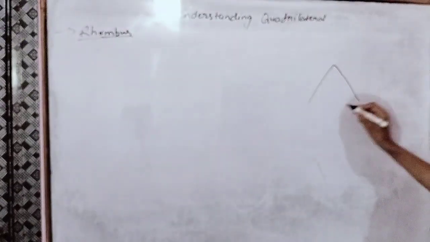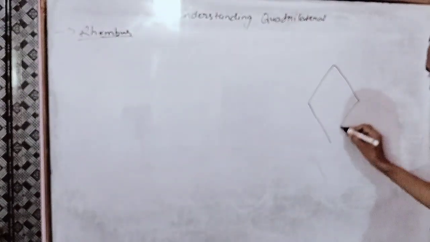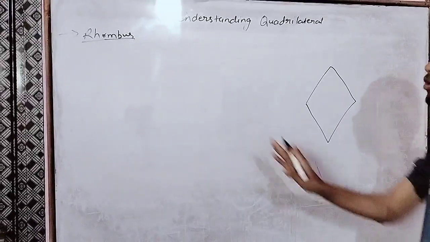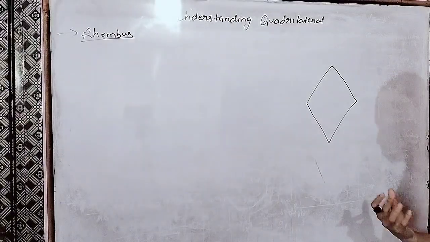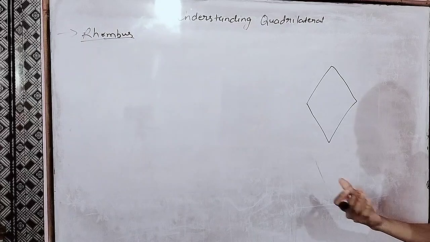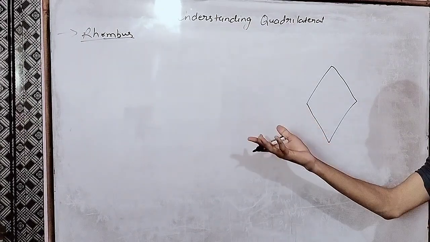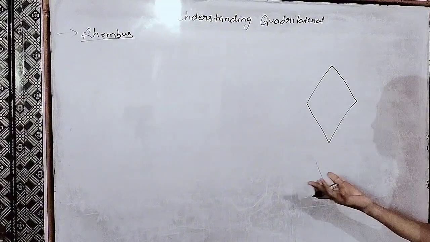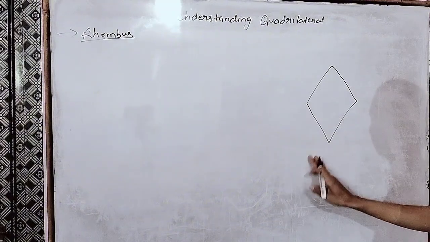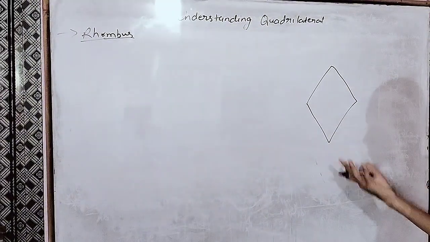This is a figure of a rhombus. It looks a tiny bit different from the previous quadrilateral figure, the parallelogram figure. This is a diagram of a rhombus. That's why it is a rhombus.